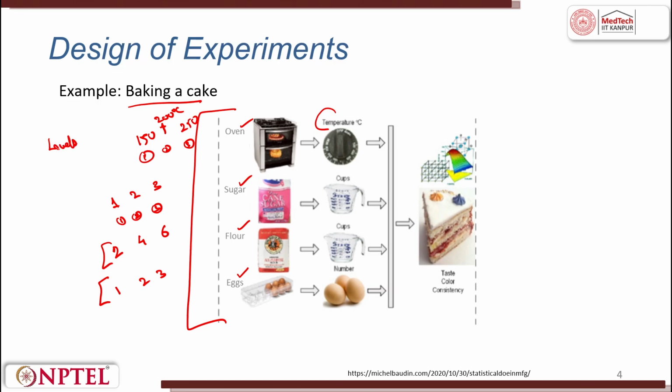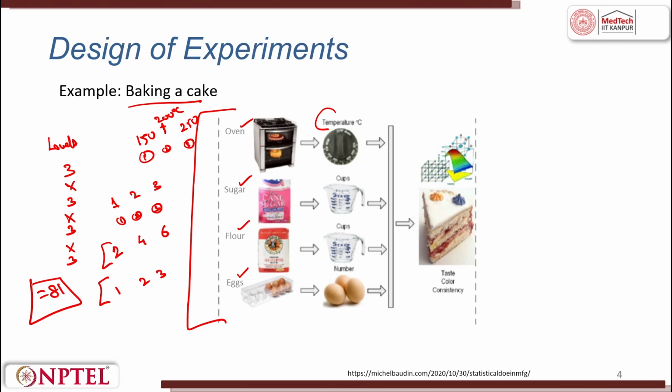I will talk about the terminology. To have a perfect combination or perfect result of what should be the right combination between the oven temperature, the amount of sugar, the flour and eggs, we would have to conduct 3 into 3 into 3 into 3, which is equal to 81 experiments.